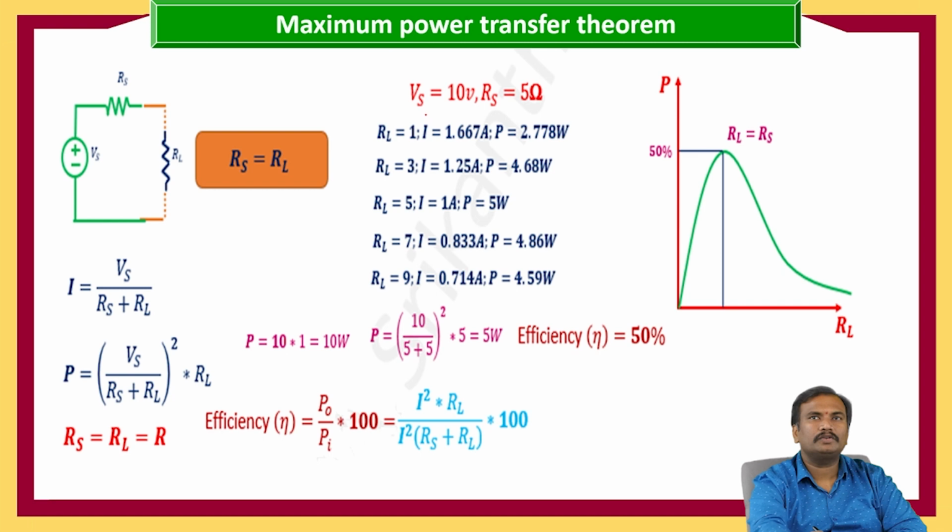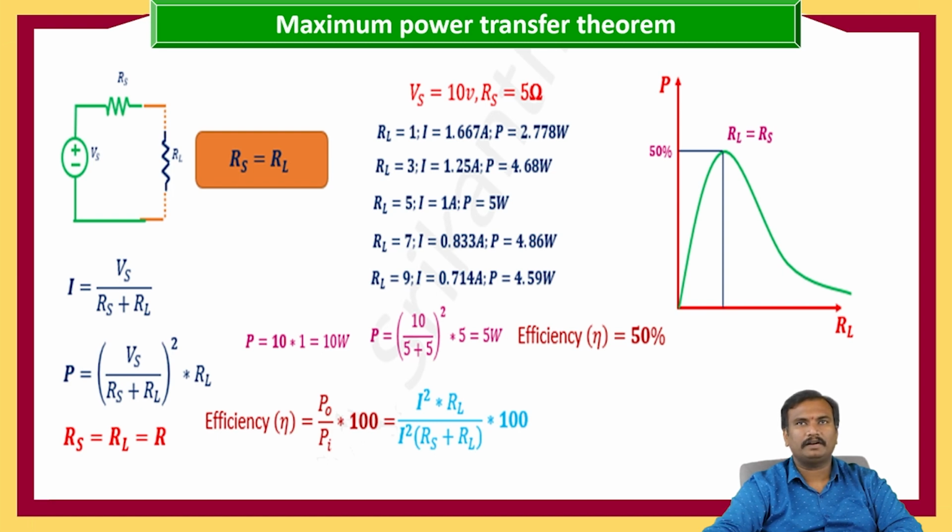Here the source voltage, I am considering as 10 volts and R_S value is 5 ohms. Now the load resistance values, I am considering 1 ohm, 3 ohms, 5 ohms, 7 ohms and 9 ohms. For all these conditions, we need to calculate the power.